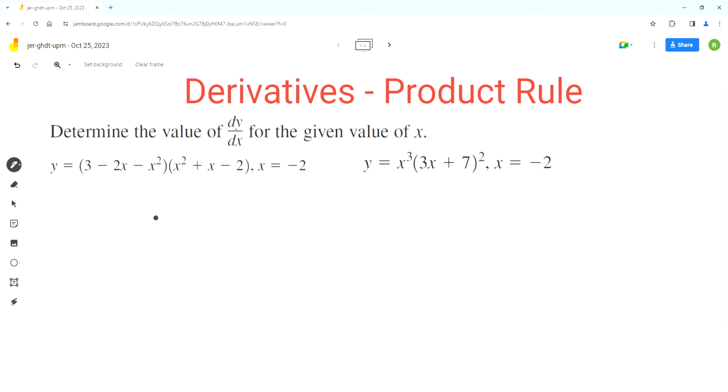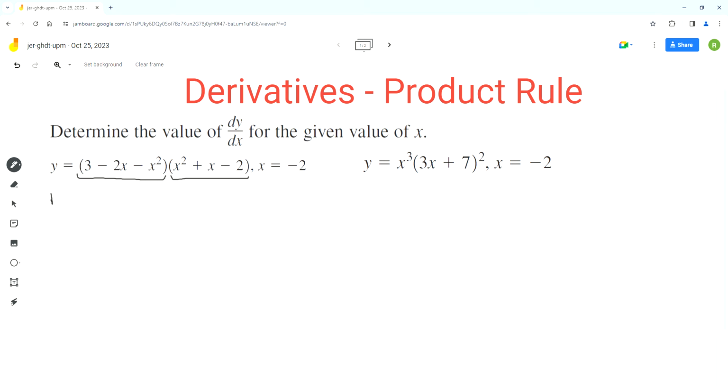Now we have to use the product rule for this function because this function is a product of two different functions. As per the product rule, our first step will be, we'll use the Leibniz notation.